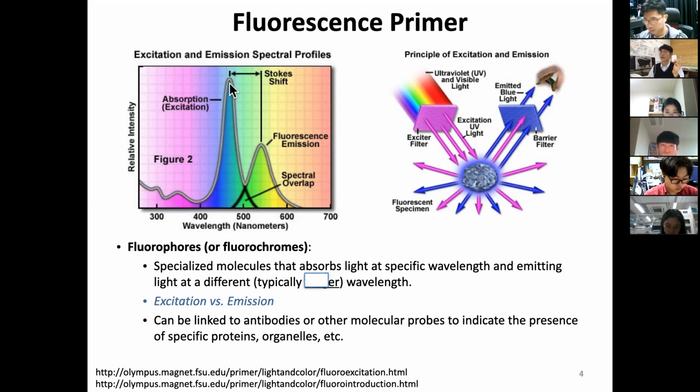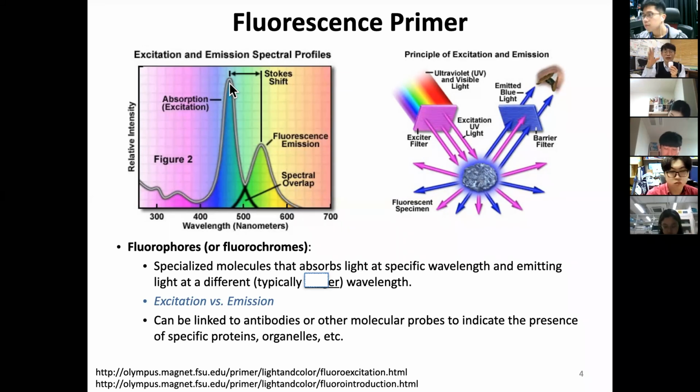And what happens? From a quantum mechanical point of view, they absorb the energy of a photon and excite their energy state. Some of that is lost as heat, or internally they use up some energy, and then they emit the energy in the form of a photon, which we call emission or fluorescence emission.